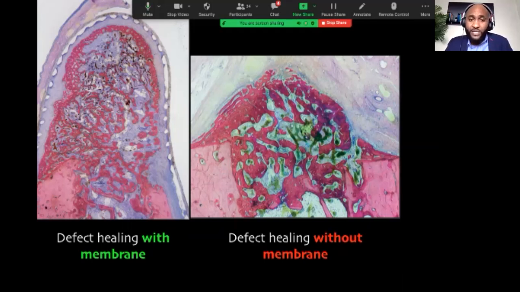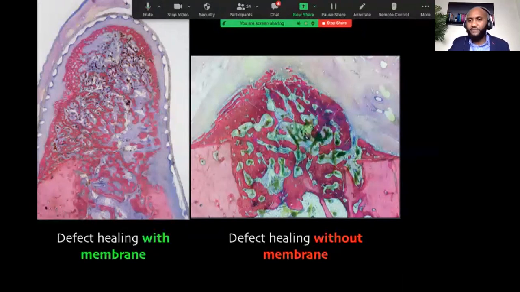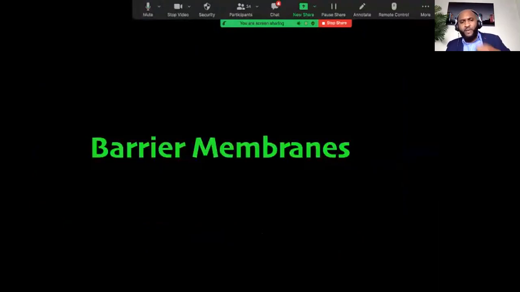Look at the picture on the left and the picture on the right. On the right, no membrane. On the left, there is a membrane. So a membrane is critical if you are to attain the volume of bone you wish to regenerate. At this point, therefore, let's look at the various barrier membranes.